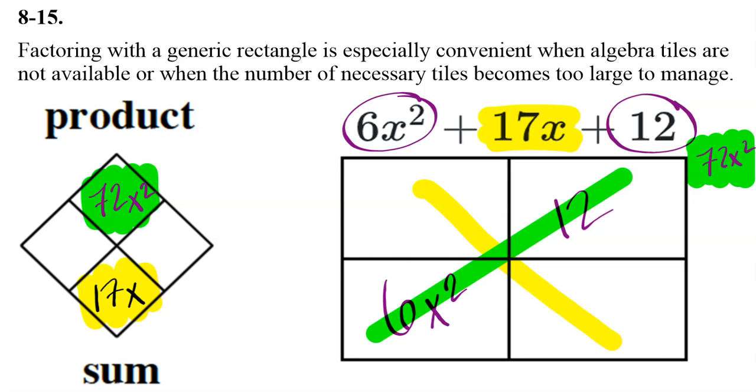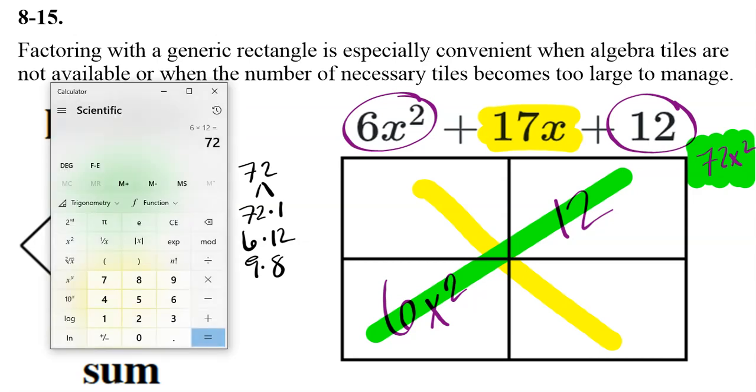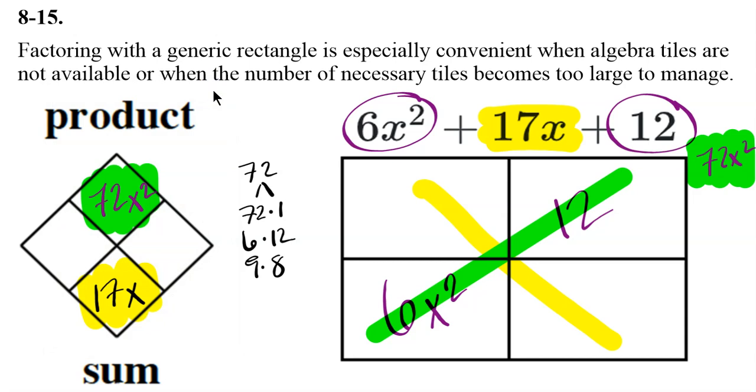And so this is where multiplication kind of comes in handy. 72, let's see, we got 72 times 1. We know it's 6 times 12. We also know that that's 9 times 8, I believe. Let's just check that. 9 times 8 is 72. And 9 plus 8 is 17. 9x and 8x.